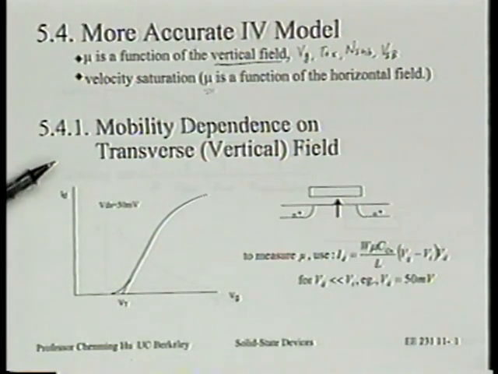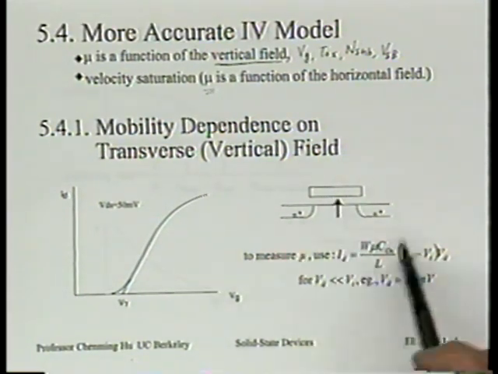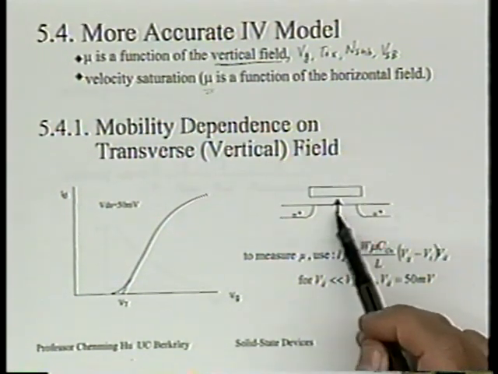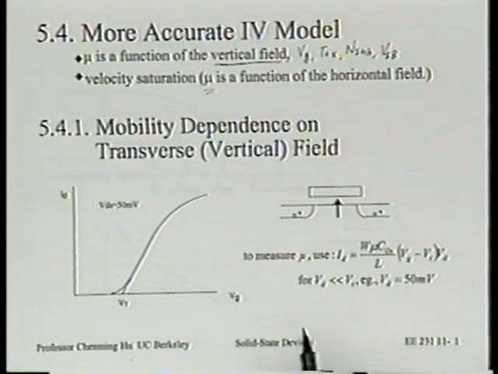So 5.4.1, we first look at the mobility dependence on the vertical field. And perhaps you can also call this transverse field. Vertical meaning we usually draw the transistor in this manner. So the direction this thick arrow is pointing is called the vertical direction. And that's the field we're talking about. As that field increases, mobility decreases.